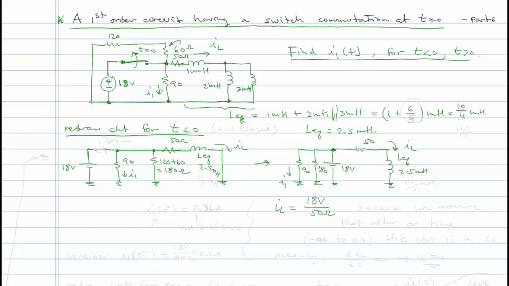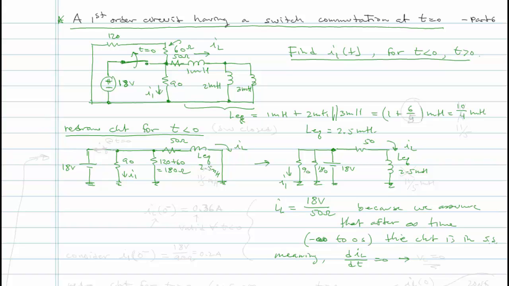This is because we assume that from minus infinite time to 0 time, the circuit is in steady state, meaning dIL/dt is equal to 0, right?